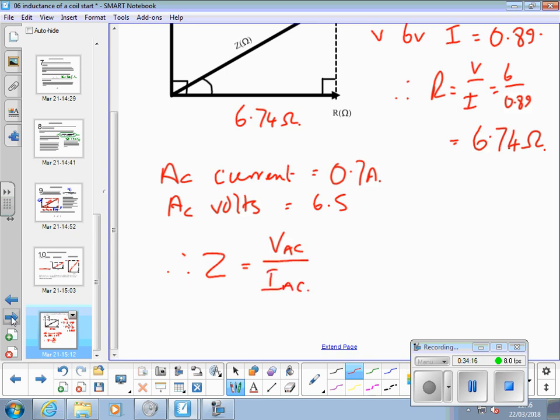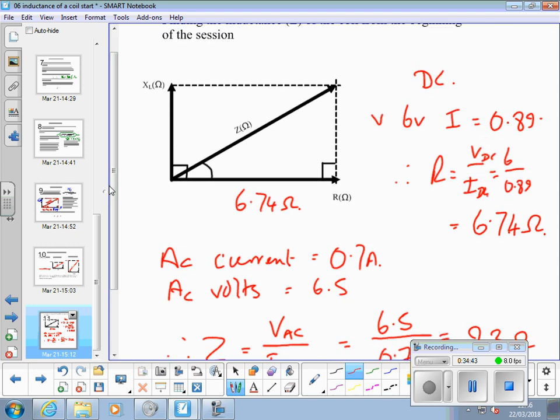Perhaps we ought to qualify this with DC and AC as well there. So that is 6.5 divided by 0.7 equals 9.3 ohms. So the length of this line, 9.3 ohms.